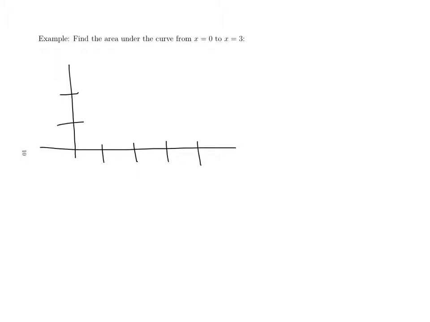So again, we have a circle of radius 1, and then let's say we have a little piece that goes up here 1 maybe. So let's say this is our picture and it wants us to find the area under the curve from 0 to 3. So again, the area under the curve is just the area of this circle plus the area of the triangle.